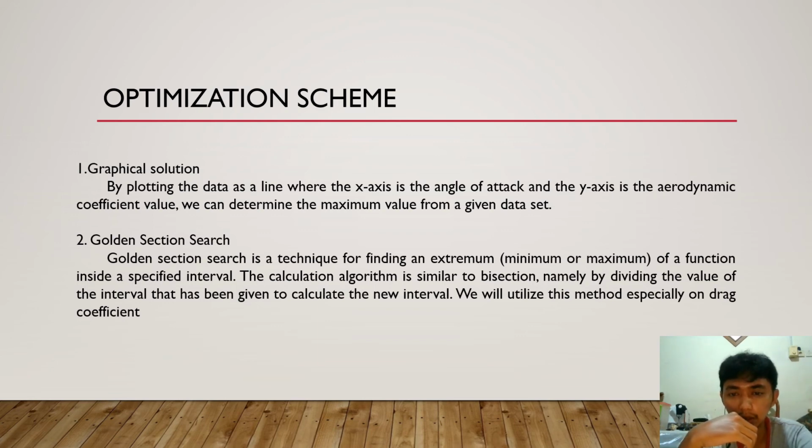It will be explained later. We will utilize this method especially on the drag coefficient because theoretically the drag coefficient behaves like a second-order polynomial, so we can find the minimum by this scheme.